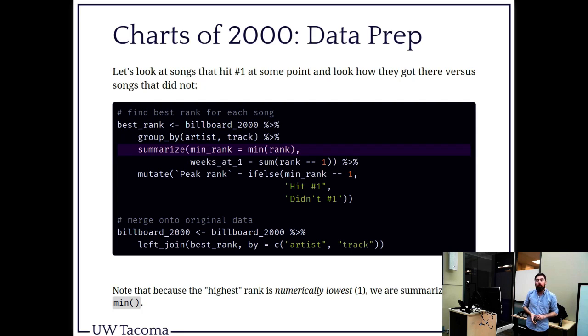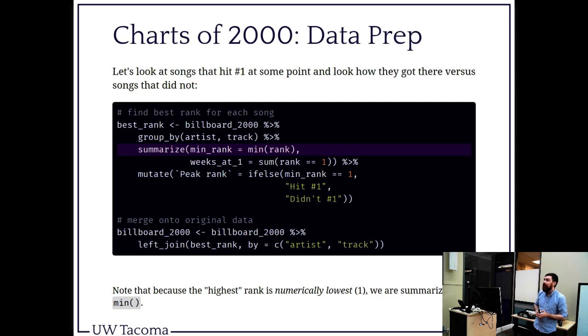Rank equals 1 will take a value of true every time it encounters a row that is rank 1. Well, trues and falses are 1s and 0s in a computer, so if I summarize and sum the number of trues, it's going to add up all the times it was rank 1. Anytime it was not rank 1, it doesn't add anything to it. So that will generate a value for the number of weeks it was at the best possible score on the Billboard Top 100.